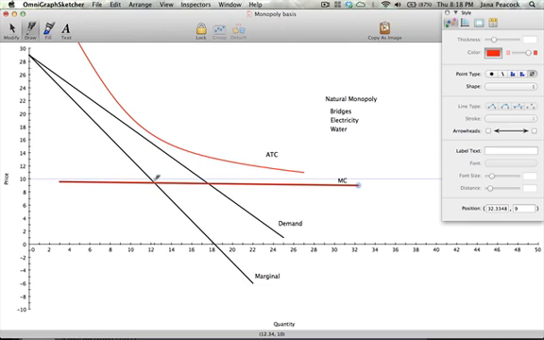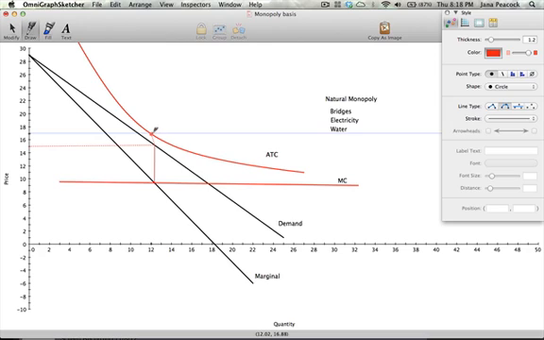And let's find our point where we're producing. We'll go right here to where marginal revenue crosses demand and make a giant dot. And then we'll go up to see what our price is going to be. So to find price, we go up to the demand curve, just like we have in the past. And that's going to be price. But to find profit or loss, we're actually going to have to go out to average total cost, right up here. And that is going to define our loss for us.